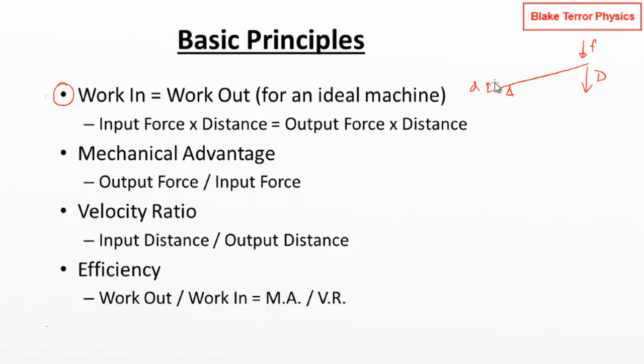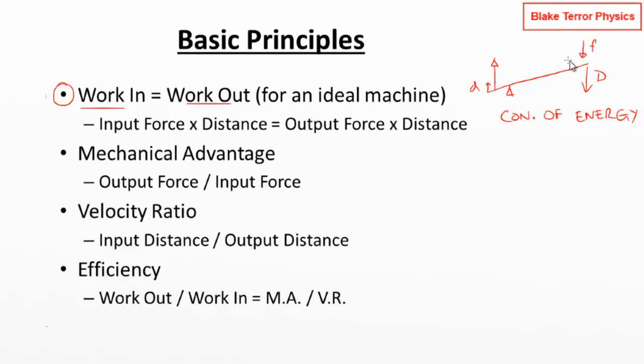I mean, there are always going to be losses, but for an idealized machine, we've now multiplied up the force, but we've reduced the distance that force is applied through. So that is work in is work out. This is conservation of energy. So that is always going to be something that we want to be looking at.